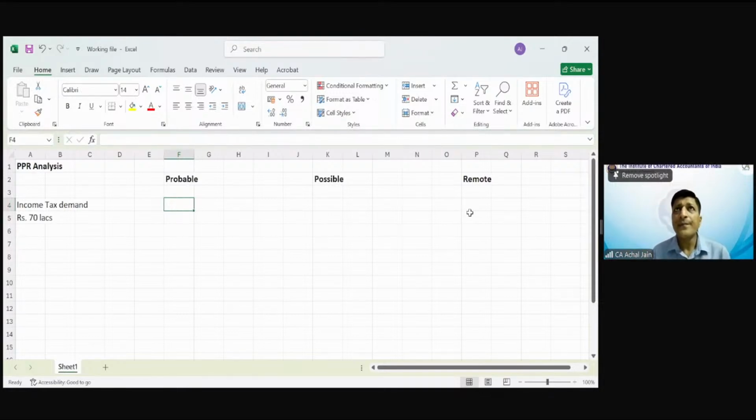In this case, three outcomes are possible depending on three types of analysis. Let's try to understand all of them one by one. So the first analysis is, now who has done this analysis? Of course, the taxation experts. So they may say that this appears to be a good case, meaning the demand seems to be valid, reasonable.